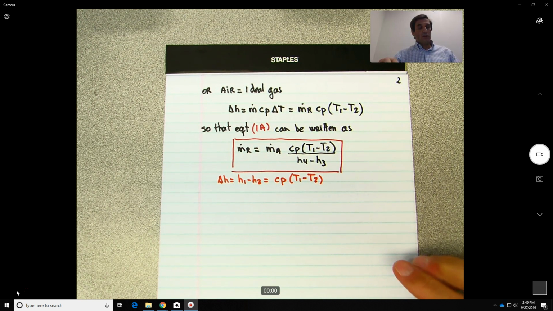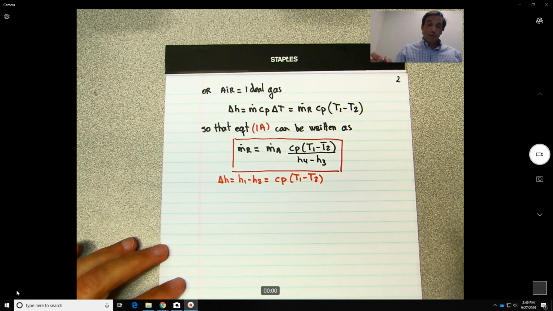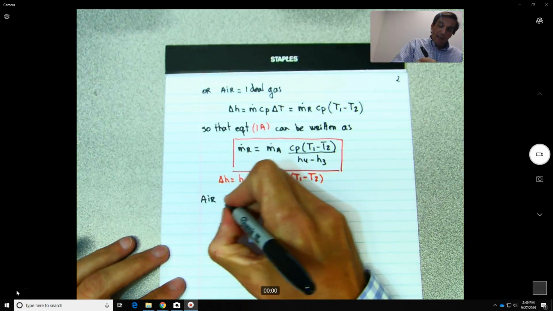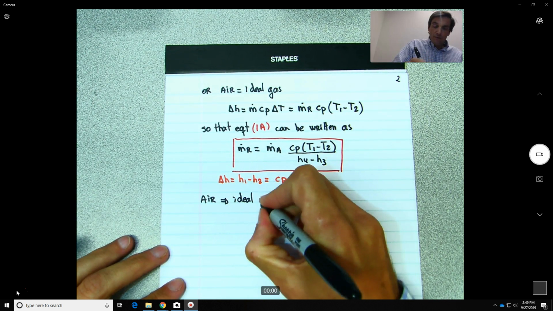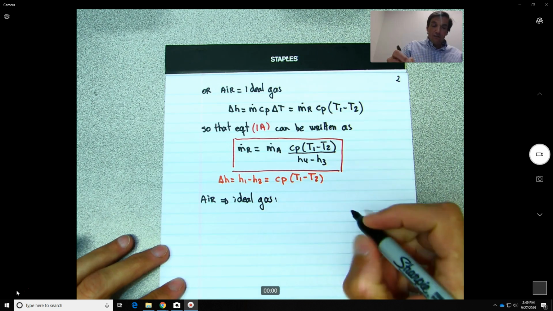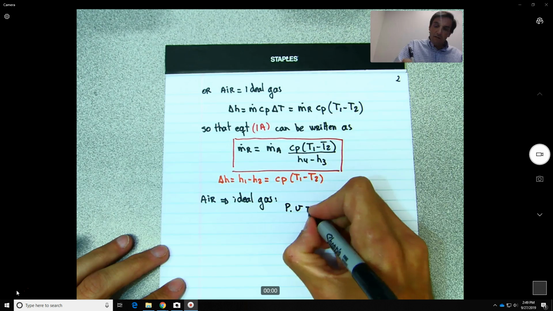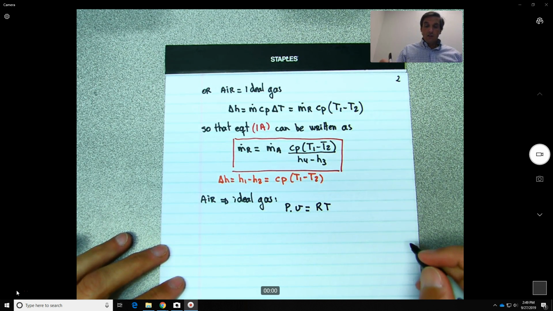Okay, so now in this problem we need to find what would be the enthalpies. First, maybe let's try to find the mass flow of the air. So we know that the air, again, is an ideal gas, so we can use the relation PV equals RT.